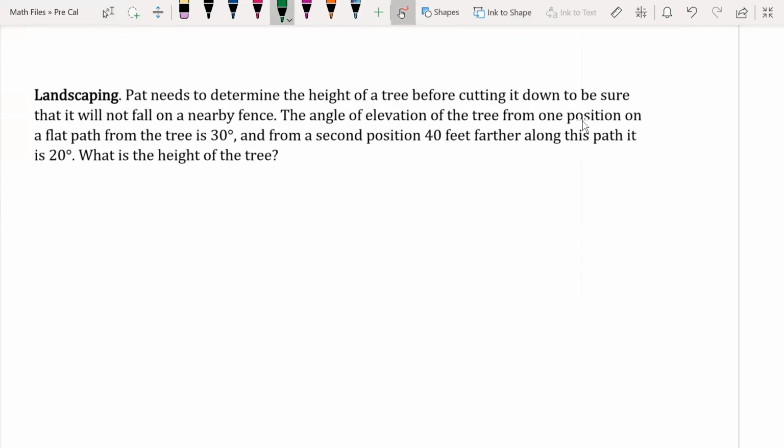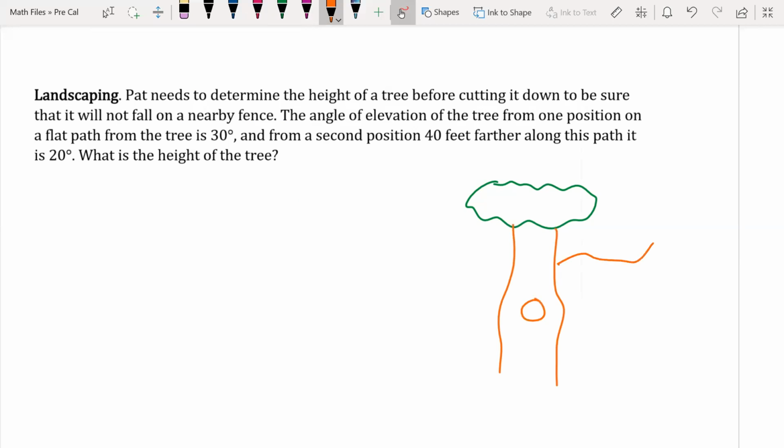So this will be just like that mountain one, right? There's my tree. Oh, it'll be orange, sure. And tree branches.